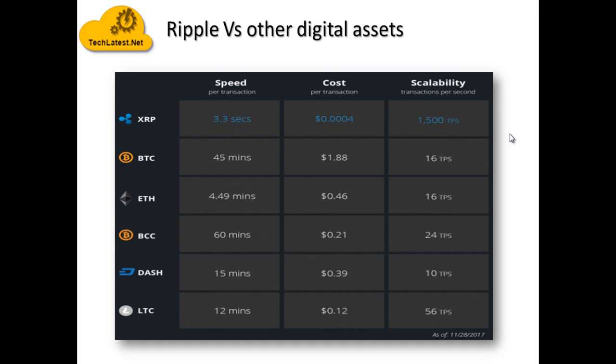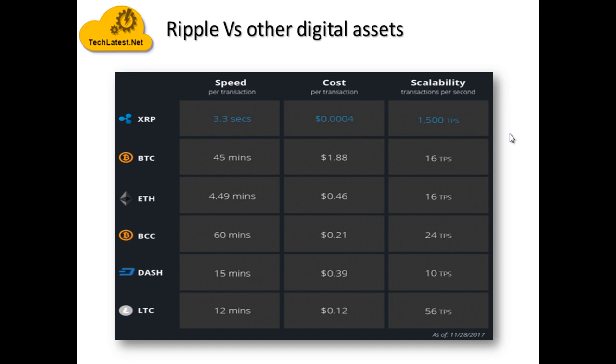You will also observe that the transaction speed for XRP is in seconds, 3.3 seconds over here as of the last date, whereas for others it is in minutes.